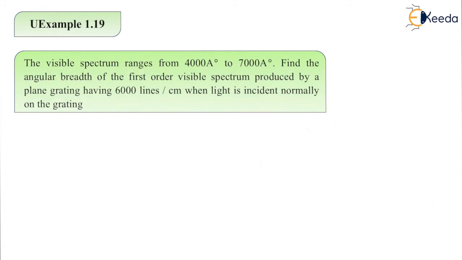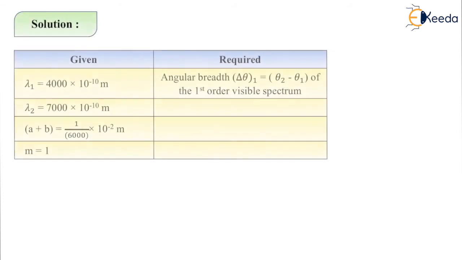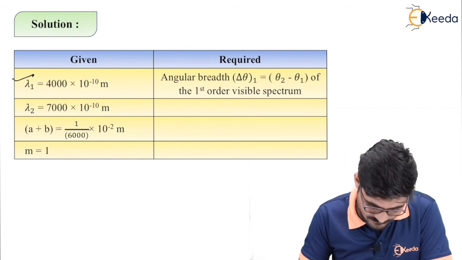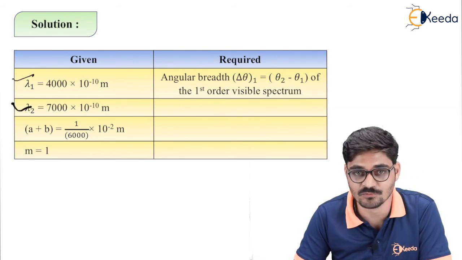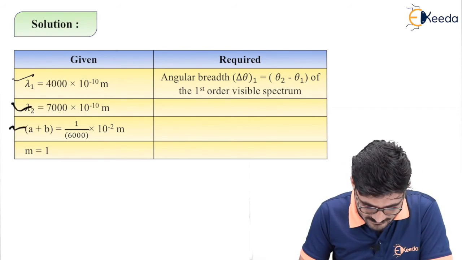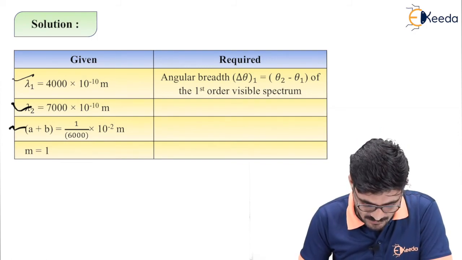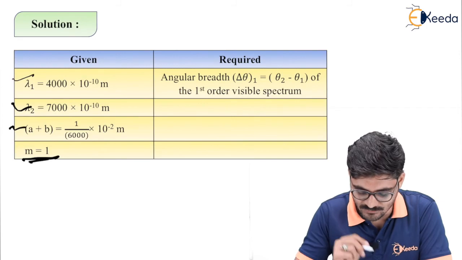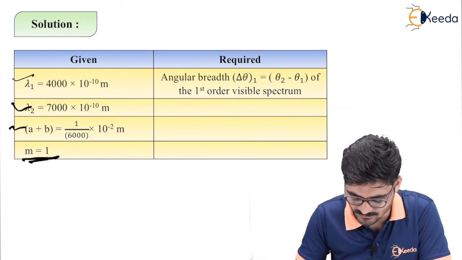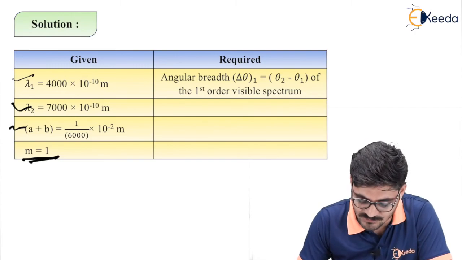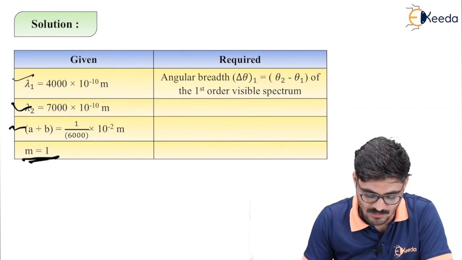Let's understand what is the given data in the solution. Given is lambda 1 is 4000 Angstrom, lambda 2 is 7000 Angstrom. The number of lines per centimeter is also given, from which we find the grating element. Order of maxima is 1, and you have to find the angular breadth, which will be theta 2 minus theta 1 of the first order visible spectrum.